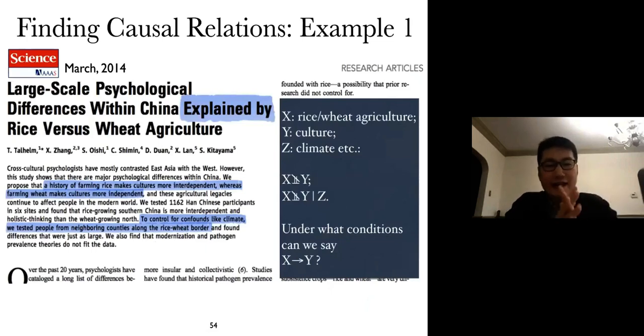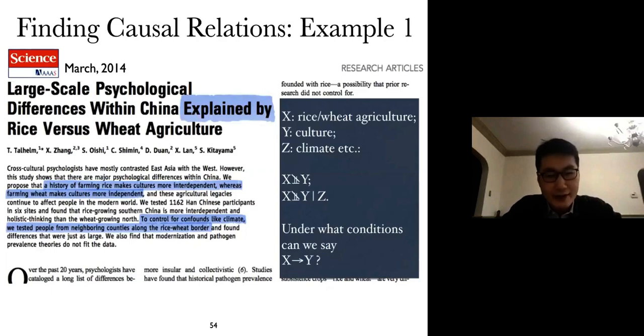And this is a very nice example published in Science a couple of years ago. The conclusion they gave is that the large-scale psychological differences within China can be explained by rice versus wheat agriculture. In other words, they believe that agriculture causes psychological difference within China. You can see in these kinds of examples, first of all, you cannot really do intervention.